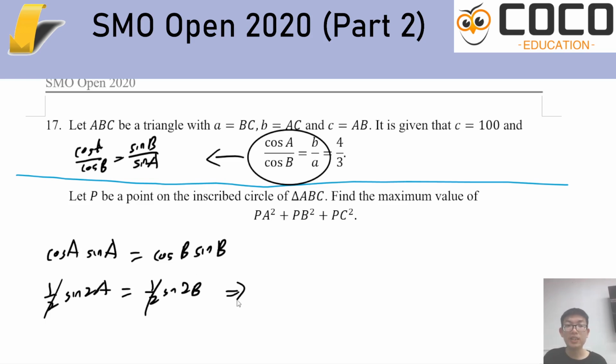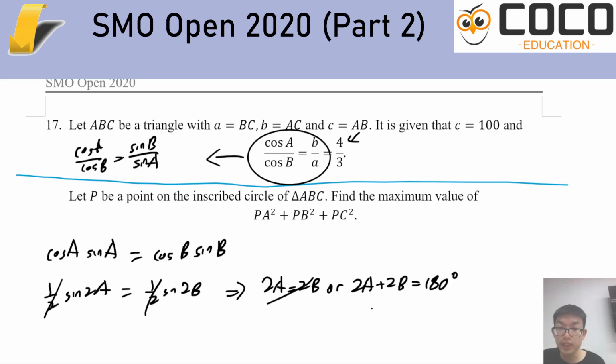When two sines are equal, and these are angles in a triangle, it means that either they are equal or they are supplementary. They can't both be negative. That's clearly not going to happen. And so this is also not going to happen, because if A equals B, then 4 over 3 would not happen.